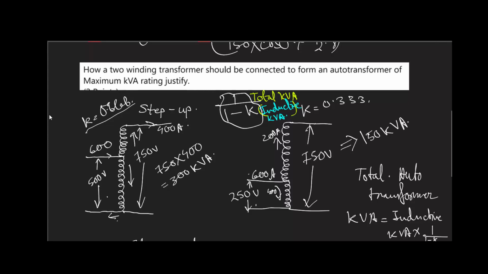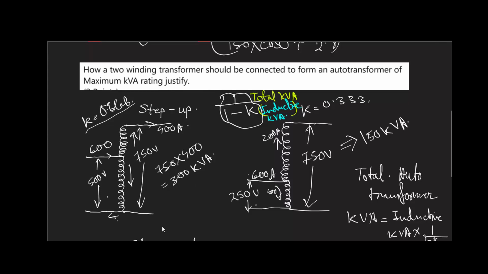Why so? If you consider that in this winding it is 200 and this is 400. Now see that this 400, it's going here. So basically 200 kVA is transferred in conducting mode.